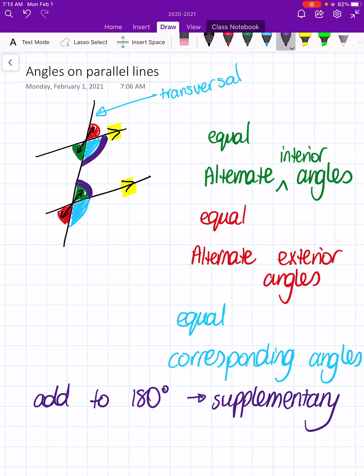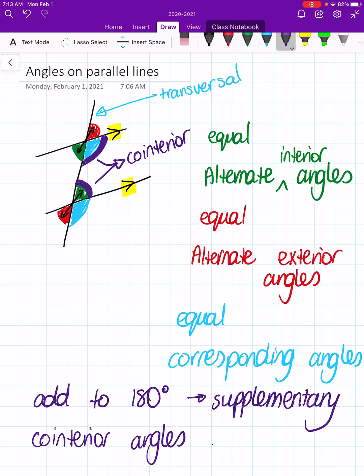Okay, and the name that we give to these two angles is they're called co-interior. So one fact is that we say co-interior angles are supplementary. Which basically means the angles on the inside add up to 180, okay?